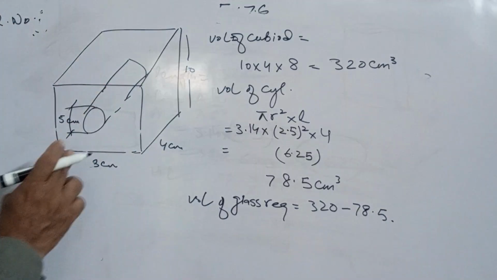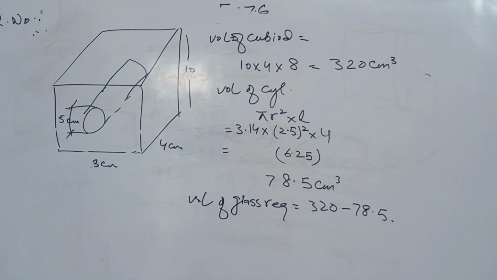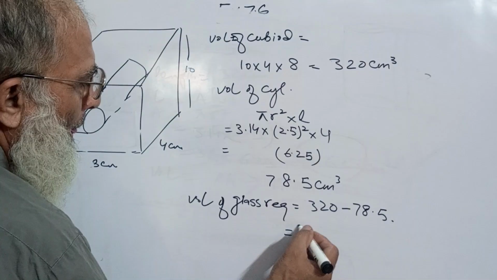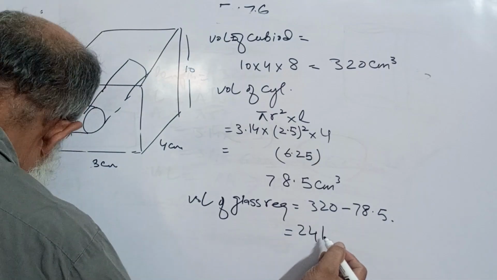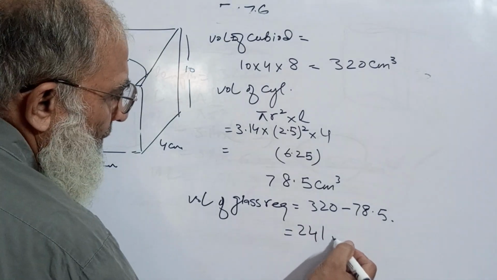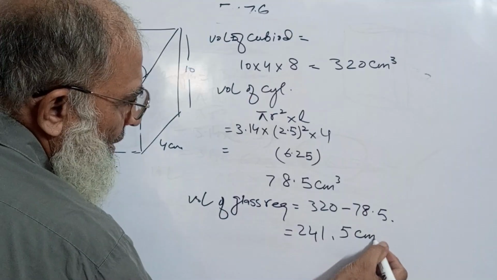Then we have the volume of the glass. It is equal to 241.5 centimeter cube.